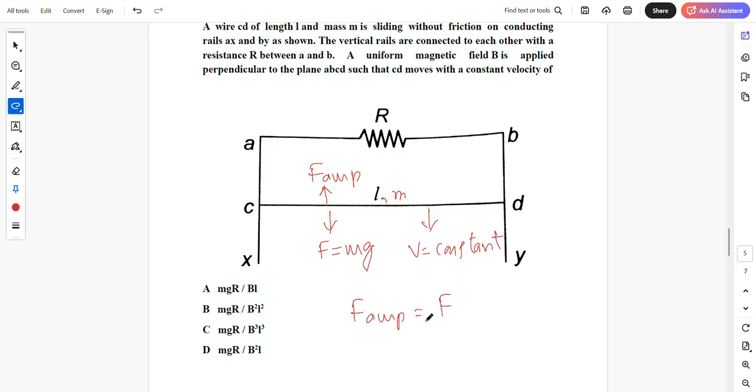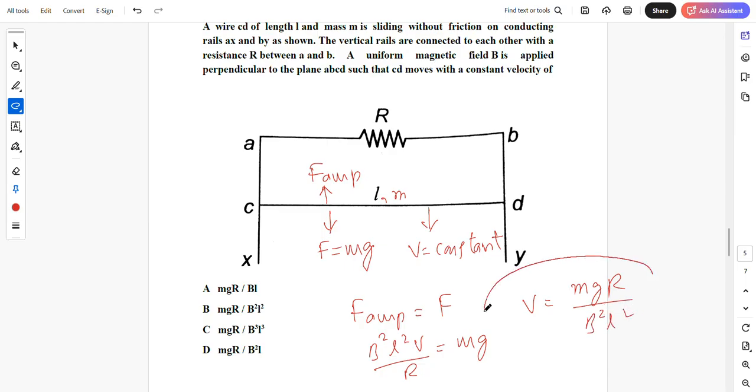We know that F Ampere is equal to F. F Ampere is nothing but B square L square V by R, and this is mg. From here you simplify for V is equal to mgR divided by B square L square. That is the right answer.